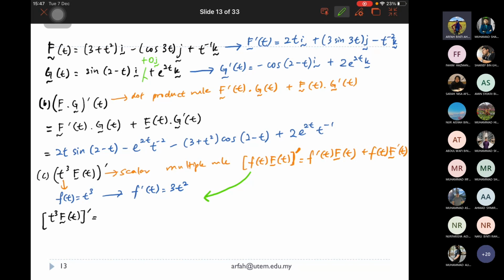So FT, F prime T adalah 3 T kuasa 2. It will be equal to 3 T kuasa 2. Okay, darabkan dengan FT. Darabkan dengan 3 tambah T squared I tolak dengan cos 3T J tambah dengan T minus 1K.